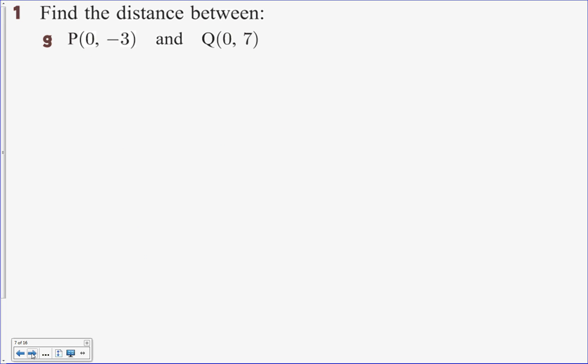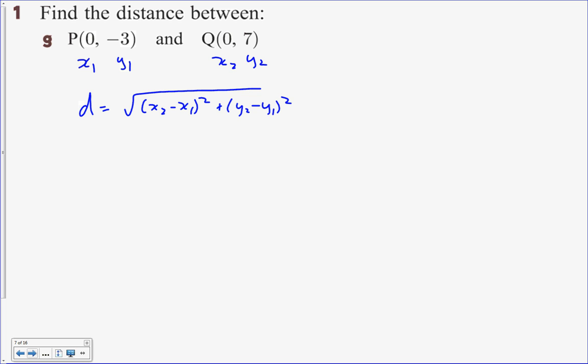G, x1, y1, x2, y2. Write our formula. D equals square root x2 take x1 all squared plus y2 take y1 all squared. Substitute in.